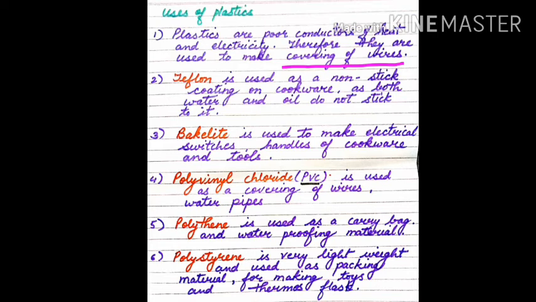Point number 2, Teflon. Teflon is a thermoplastic. So Teflon is used as a non-stick coating on cookware, as both water and oil do not stick to it. Point number 3, bakelite.